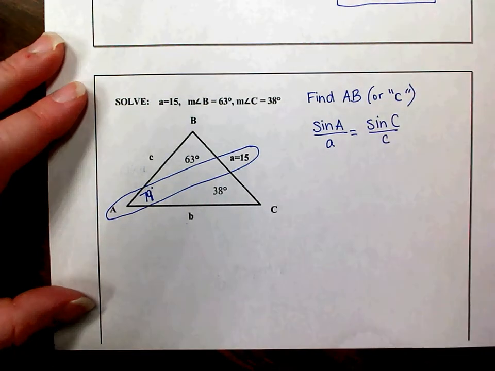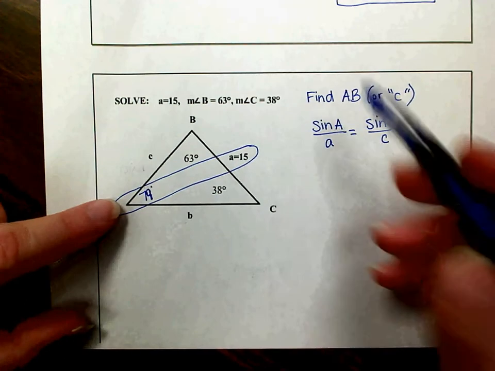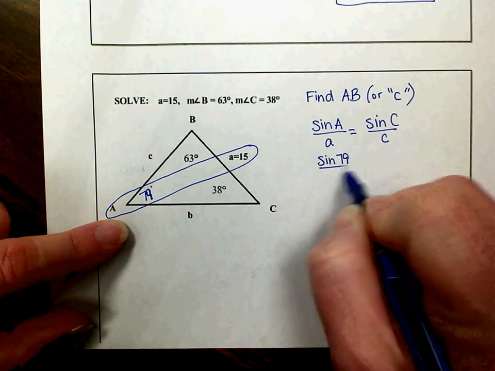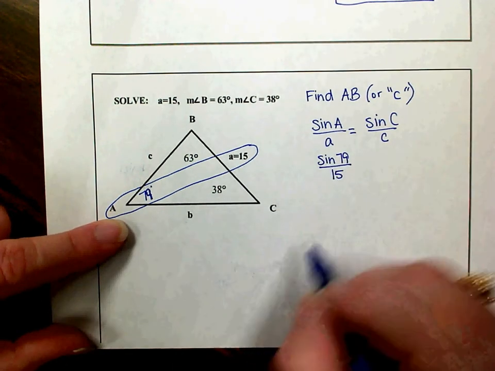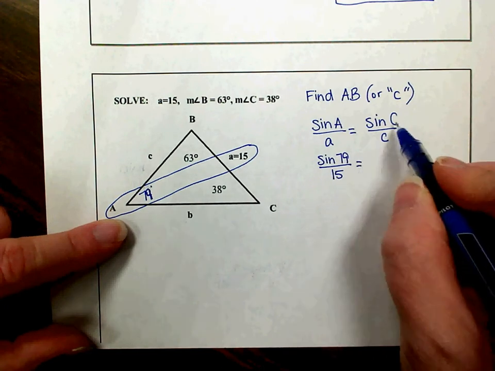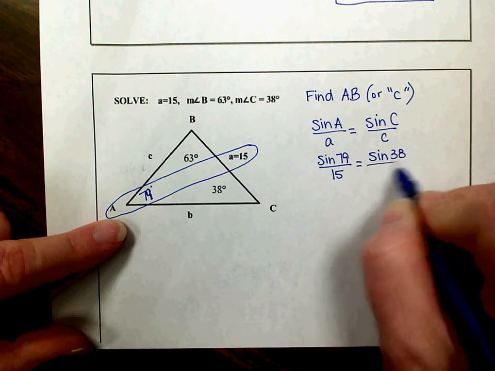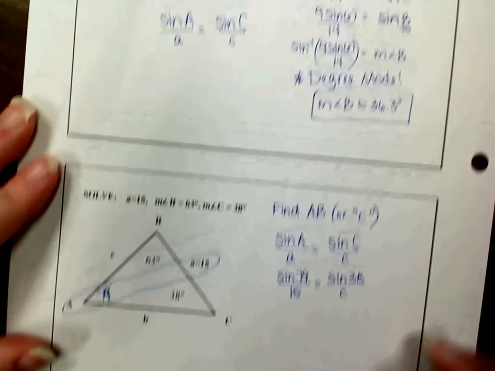So now I'm going to put in the information that I know. I know angle A is 79 degrees, so I'm going to have sine of 79. I know side A is 15, so I'm going to put that over 15. And equals, I know angle C is 38, so I have sine of 38. But I don't know side C, so I'm going to leave that as C. So in our first example, we were missing an angle.